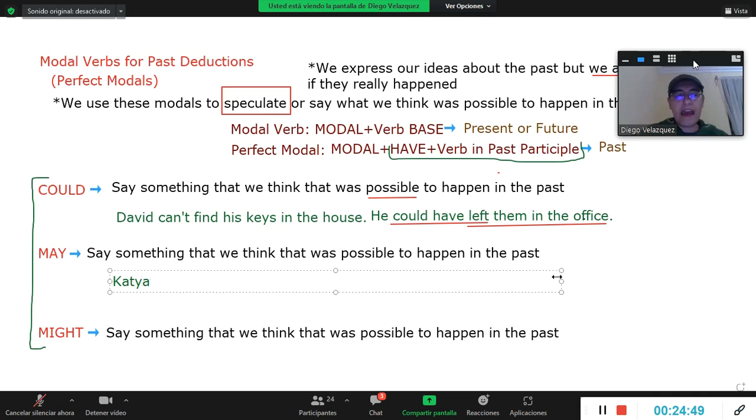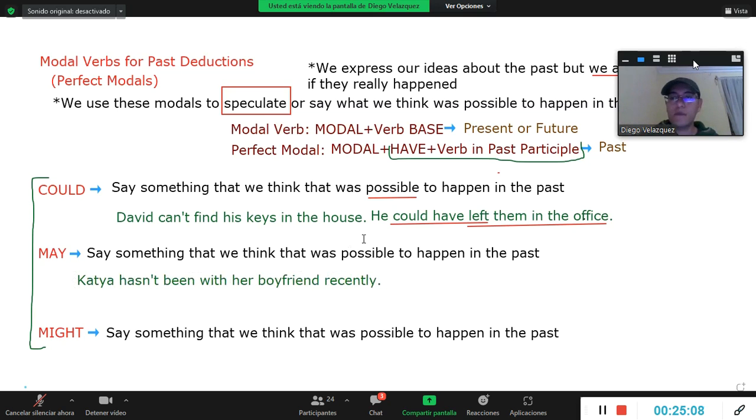hasn't seen, or no, maybe hasn't been with her boyfriend recently. Okay. The facts. This is the reality. Well, obviously in my imaginary sentence, okay?